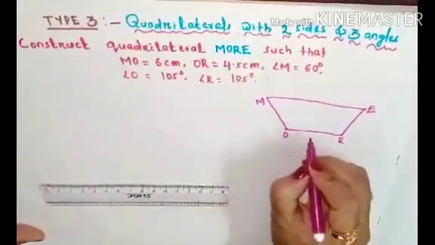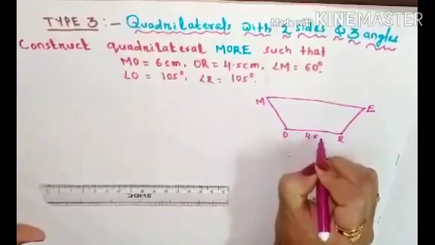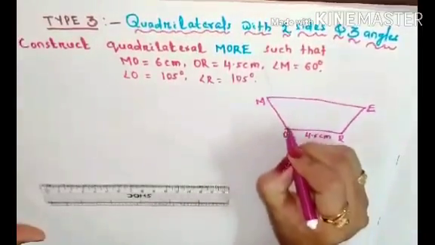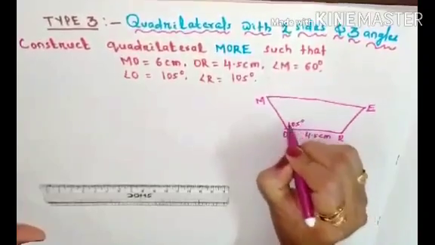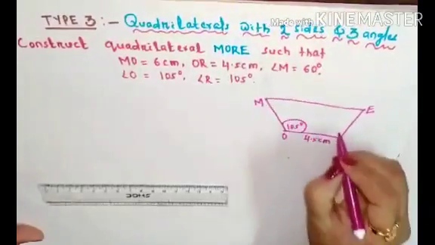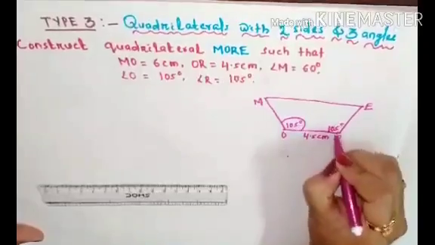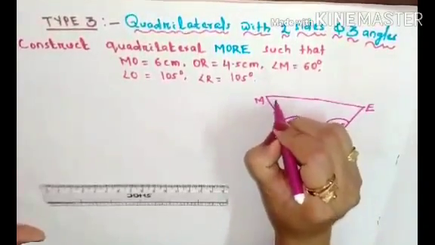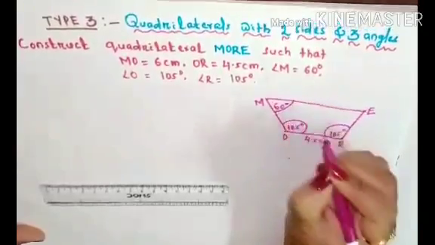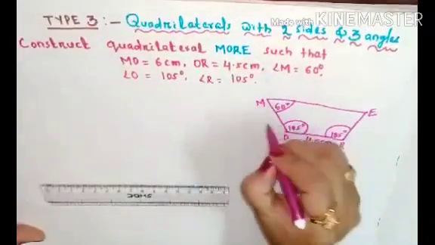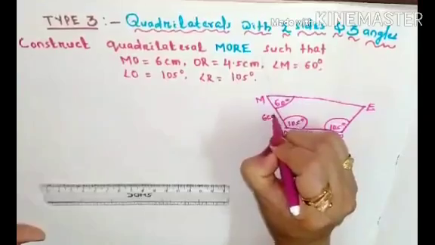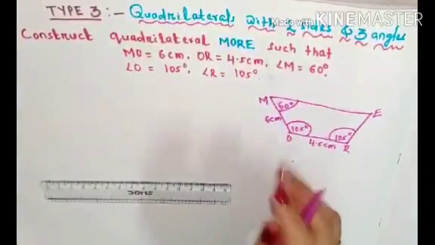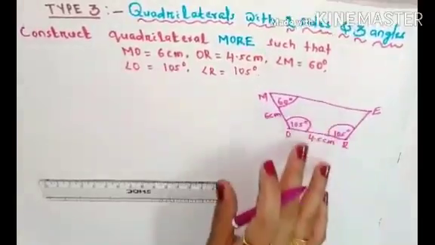Your OR is 4.5 centimeter and angle O is your 105 degree. Angle R is your 105 degree. Angle M is your 60 degree. And MO is 6 centimeter. So these are the values given to us.